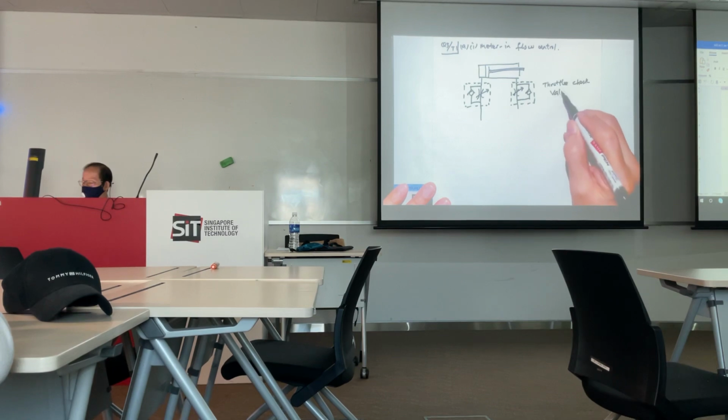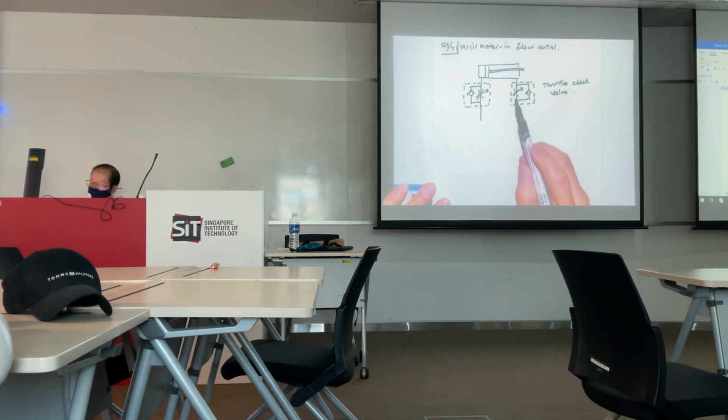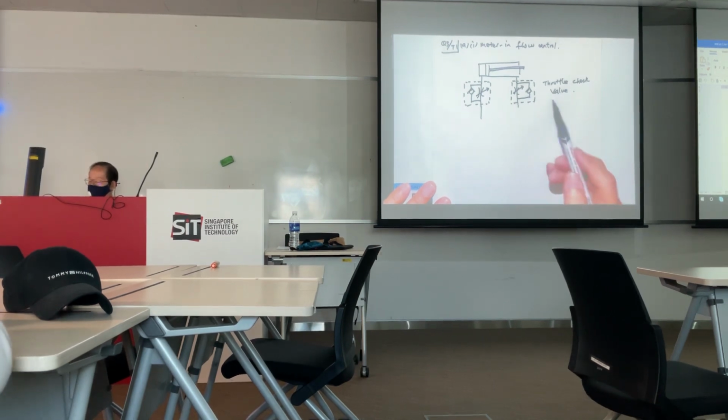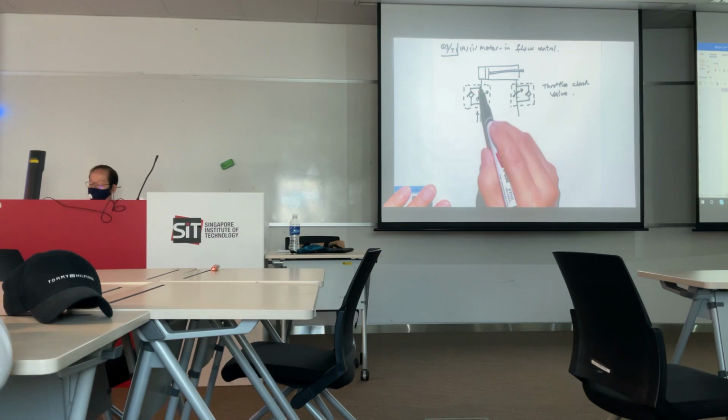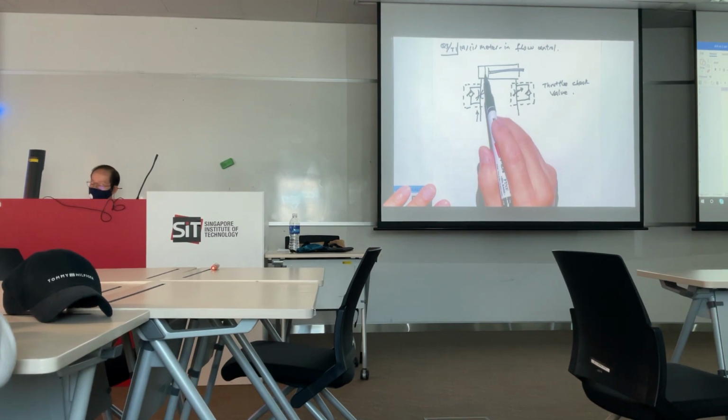One is a throttle valve, the other is a check valve, which is why it's called a throttle check valve. Sometimes it's called a throttle relief valve. When oil goes in, it goes through this throttle valve, so the flow is controlled, and therefore the speed of the cylinder's extension is controlled.